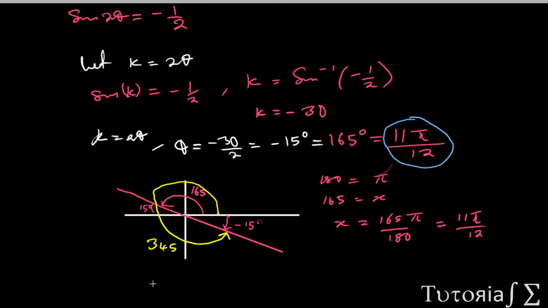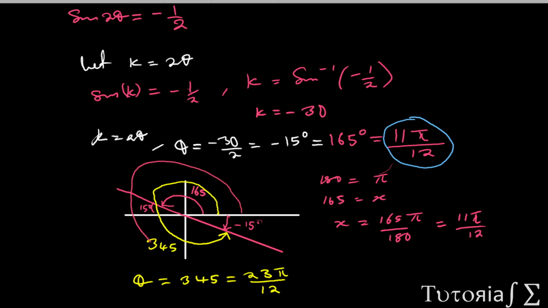So the second value of theta is 345. Then again, converting this to radians using the same procedure, that will be 23 pi over 12. So that is the second value of theta, which is 23 pi over 12.